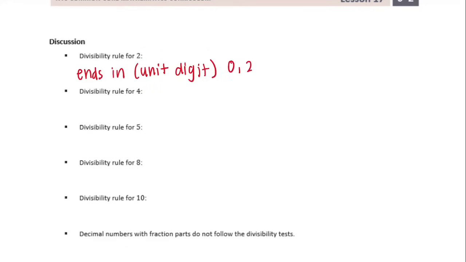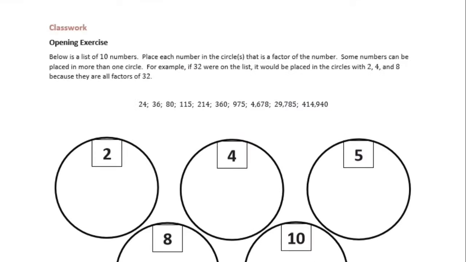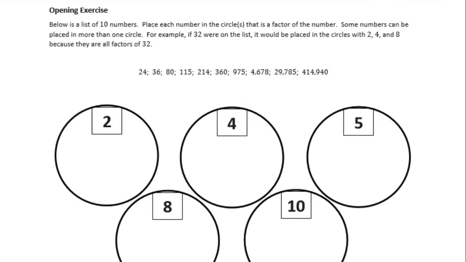So if we wanted to find any of these numbers that are divisible by 2, we're just looking for anything that ends in 0, 2, 4, 6, or 8.